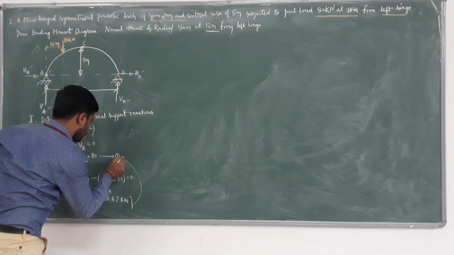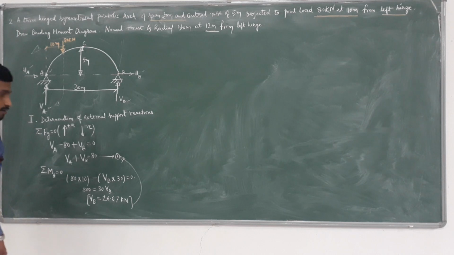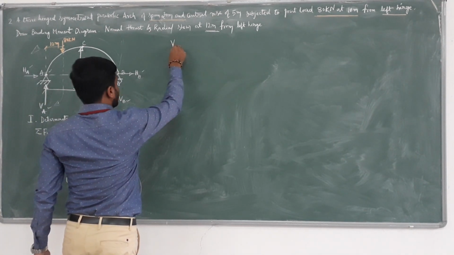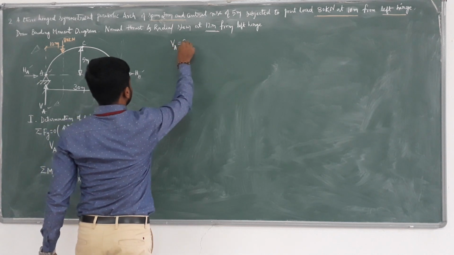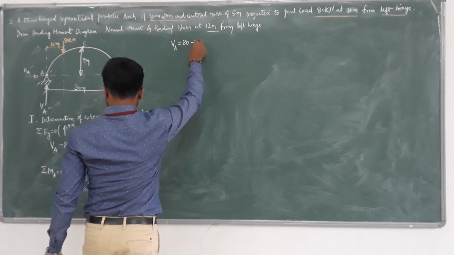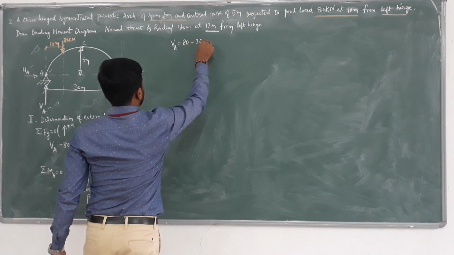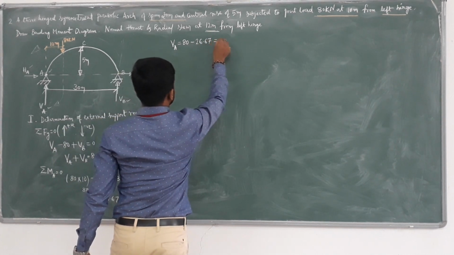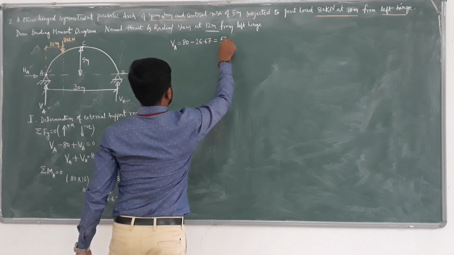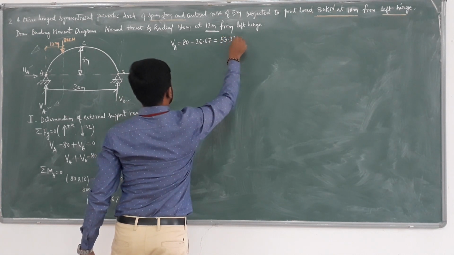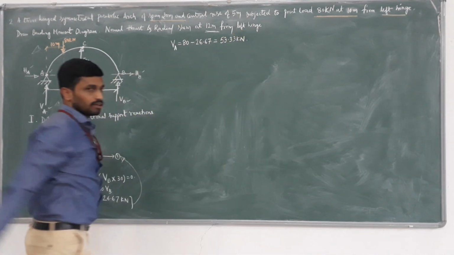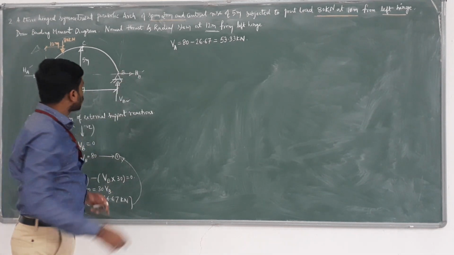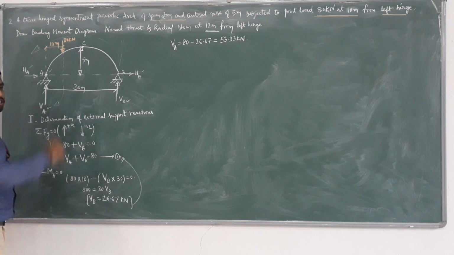Now substitute this value in equation number 1. We are getting VA equals 80 minus VB, 80 minus 26.67. So what is the value of VA? 53.33 kilonewton. See, we got the VA value and VB value. Now how to determine HB or HA?